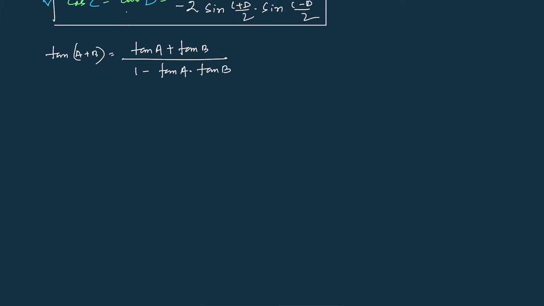Similarly, the tan(a minus b) formula will be tan a minus tan b divided by 1 plus tan a into tan b.